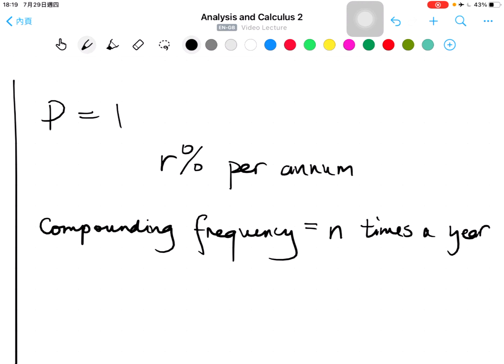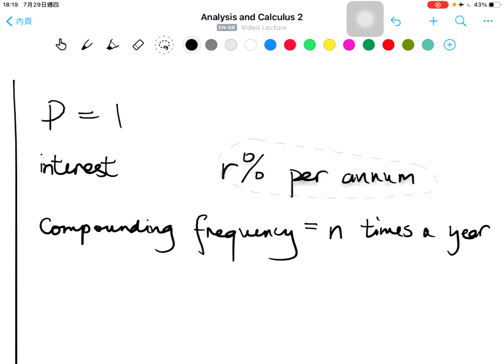The rate is called the interest rate, if you went into a bank. Now, what is the amount of money that I'm going to get after a period of time, after t years, say?